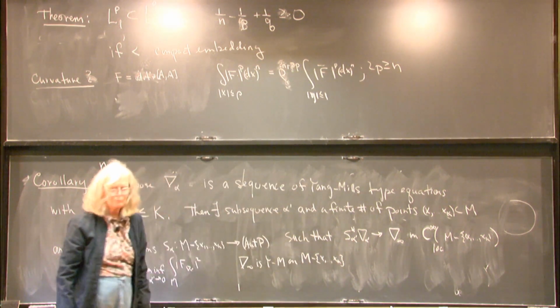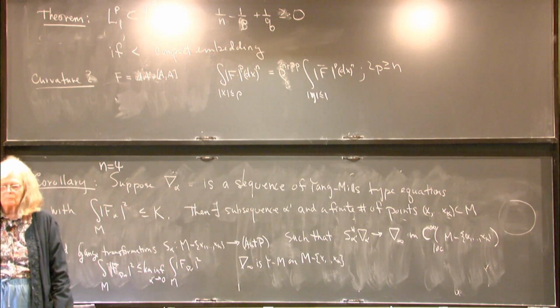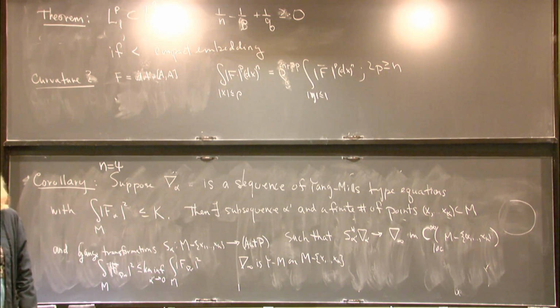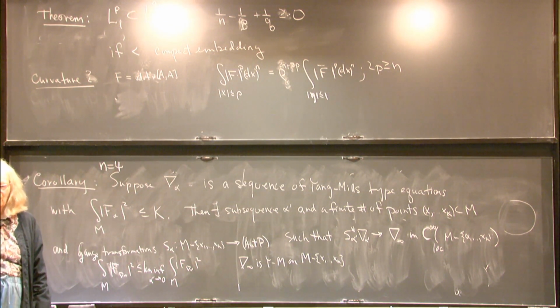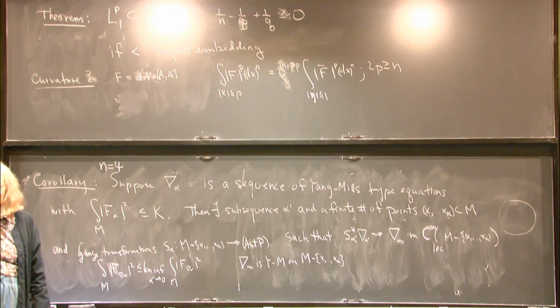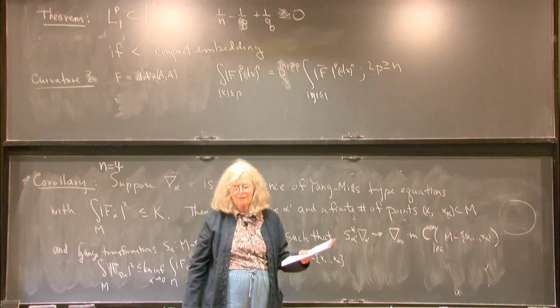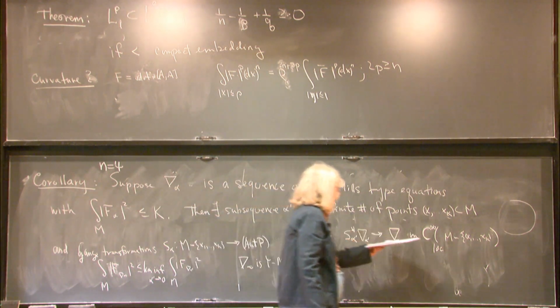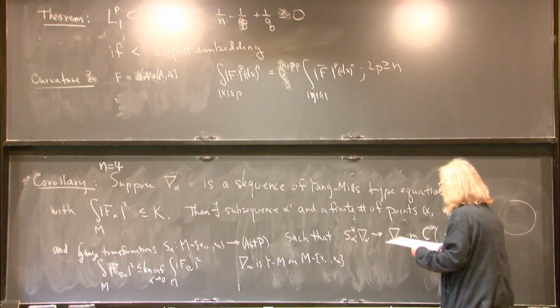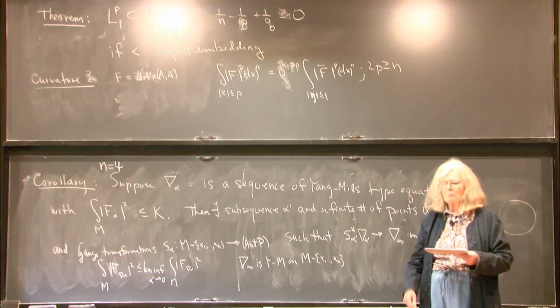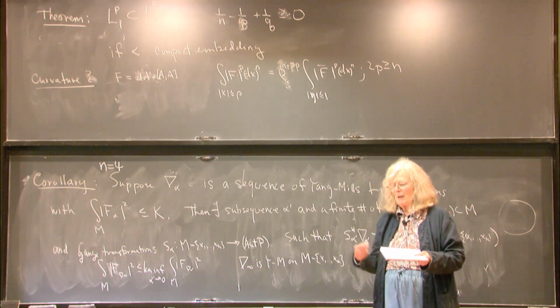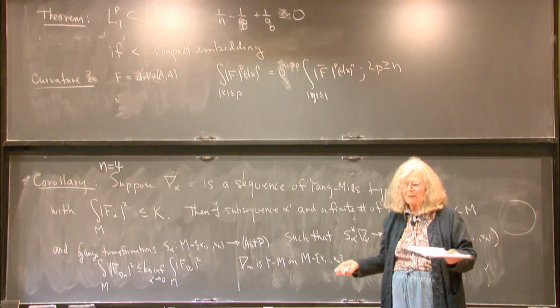Okay. The connection you were seeking, is it all on the same principal bundle? Yes. Oh, yeah, yeah, but we don't have a principal bundle anymore, because we took away the finite number of points, and we only have a bundle now on the manifold minus a finite number of points.